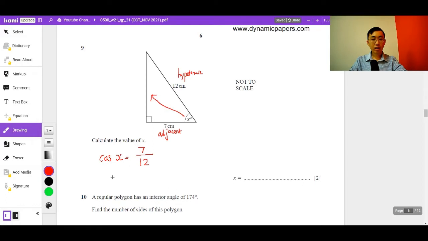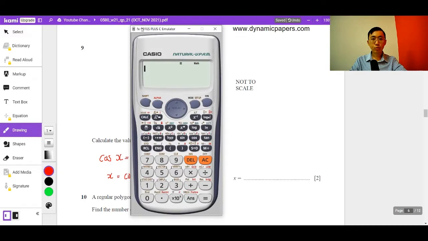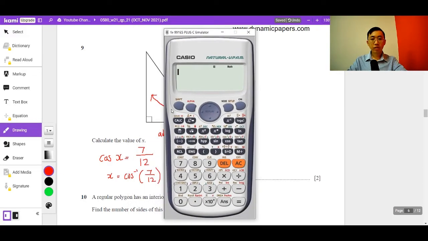Okay, so I have to find x, then it's going to be shift cos, then you use 7 over 12 in a bracket. Alright, so here is just calculator work. Shift cosine and then your fraction 7 over 12. Click 7 over 12 bracket, and let's see what it is.